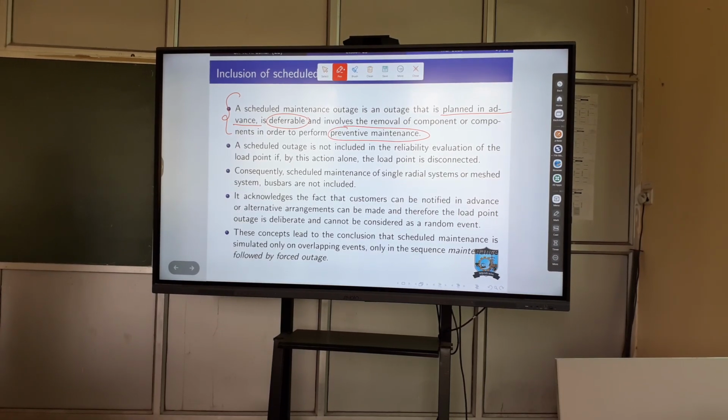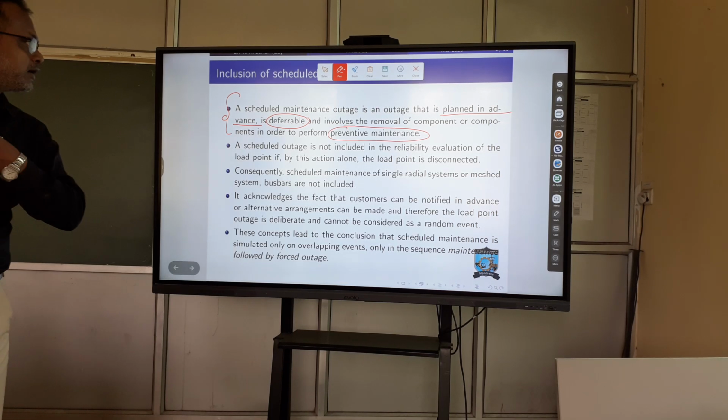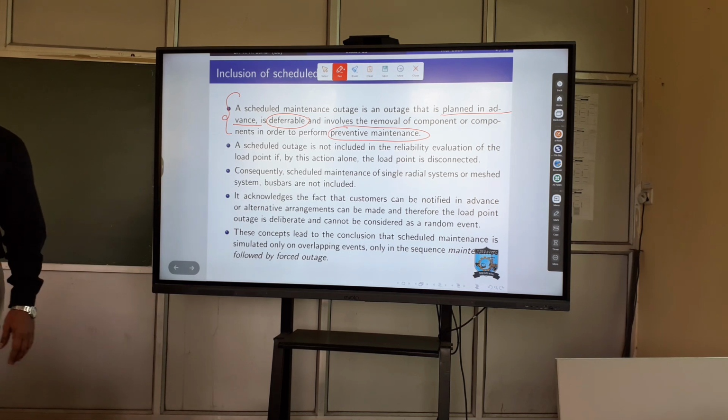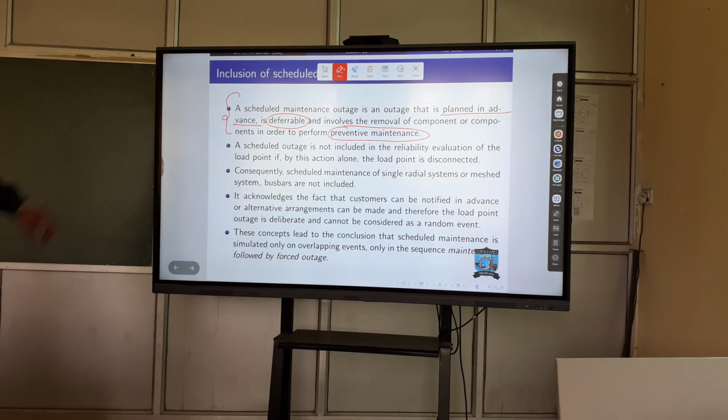It should be like you have done a scheduled maintenance, but after you reconnected the power, it fails. Then only we consider the scheduled maintenance as a cause of outage, only when it is followed by some other event which causes outage.